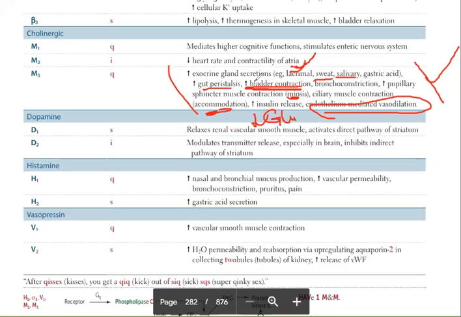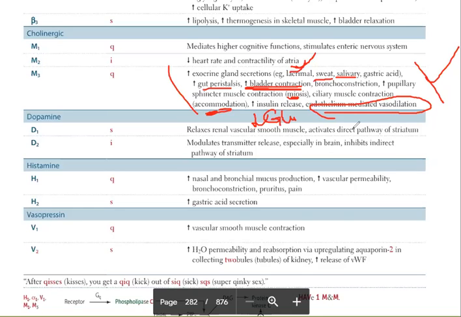So all of these actions will become side effects or adverse effects in case the patient undergoes any sort of cholinergic crisis, either due to a physiological problem with the acetylcholine esterase enzyme, so that acetylcholine levels are more, or because of any drug.